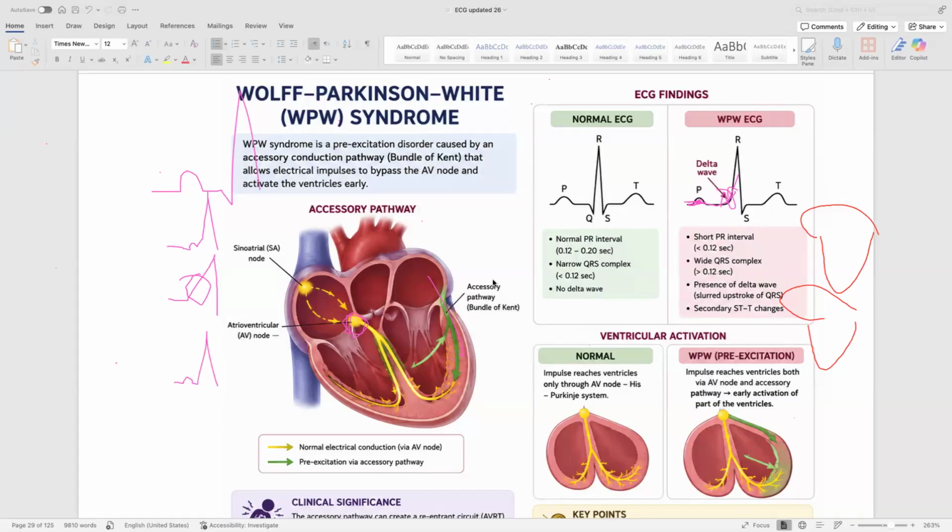We can give adenosine, a blocker, whatever, so it can slow the rate. Slowing the rate will give me a chance to have an ECG where there is a short PR interval or a clear delta wave.